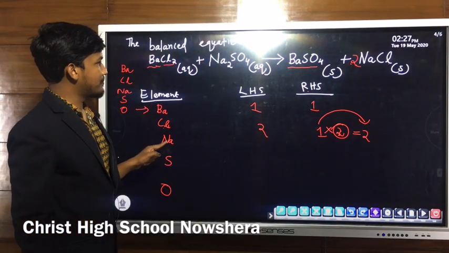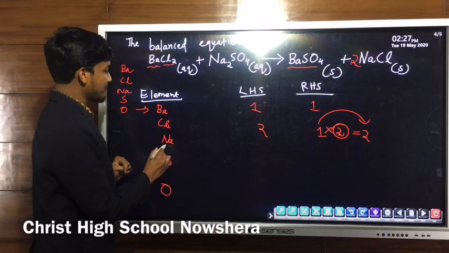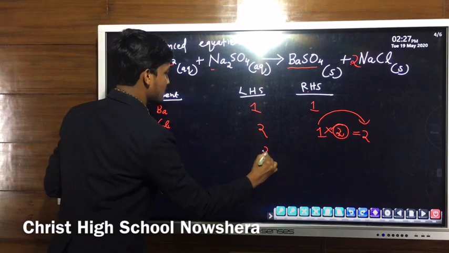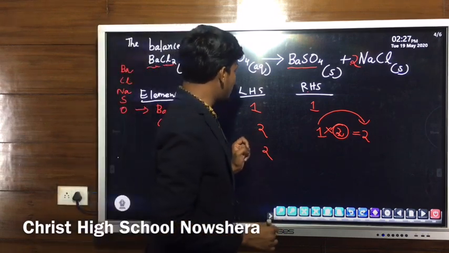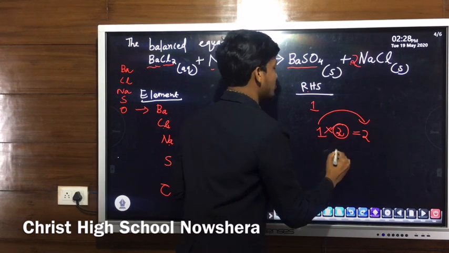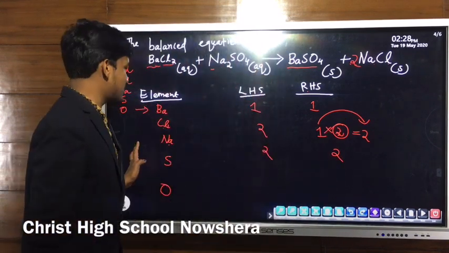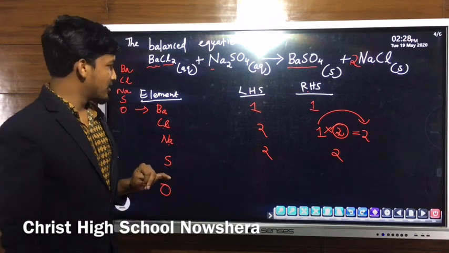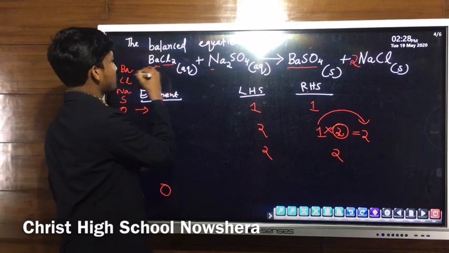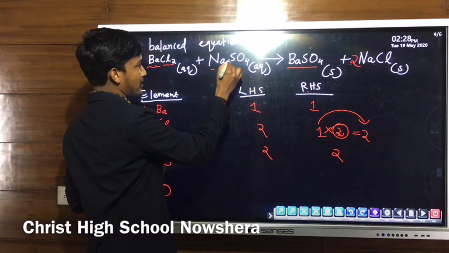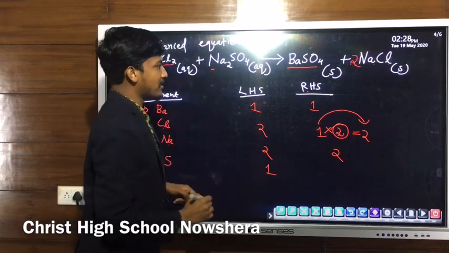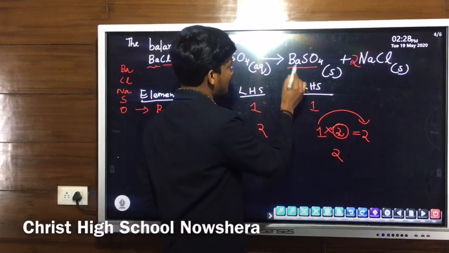Now sodium. Sodium, the left side, 2 sodium atoms. And on the RHS, sodium is in NaCl, 2 into 1, 2 sodium atoms. It's already balanced. Now sulfur. Here we have sulfur, Na2S1O4, 1 sulfur atom. And where is sulfur on the right side?